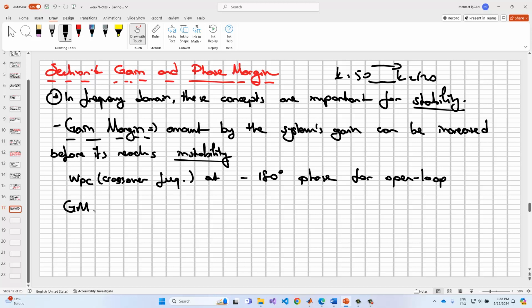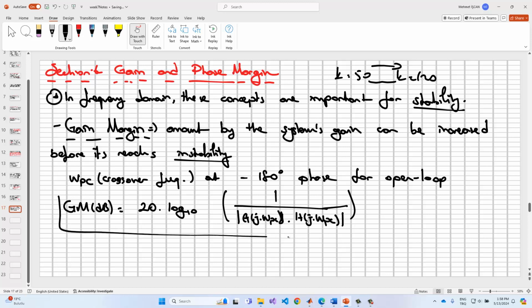And so the gain margin in decibel form can be calculated with 20 log 10 of 1 divided by the magnitude of G(jWpc) times H(jWpc), okay. This is how we can find the gain margin of the system, okay.